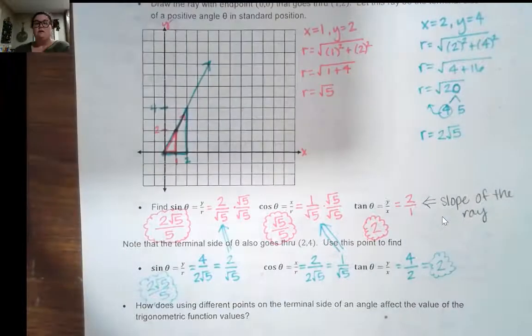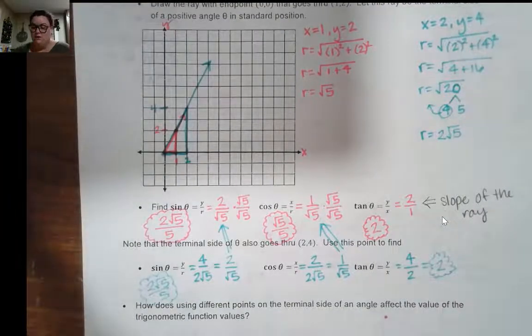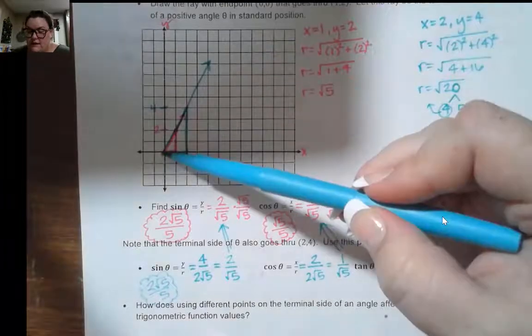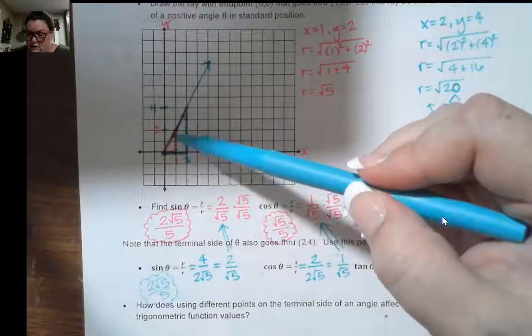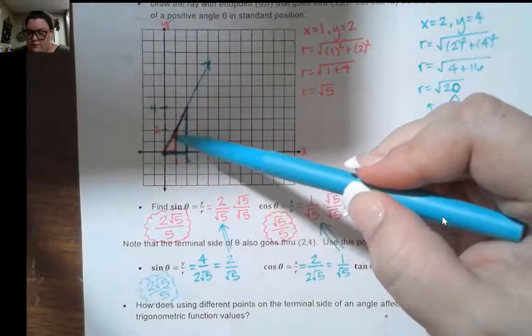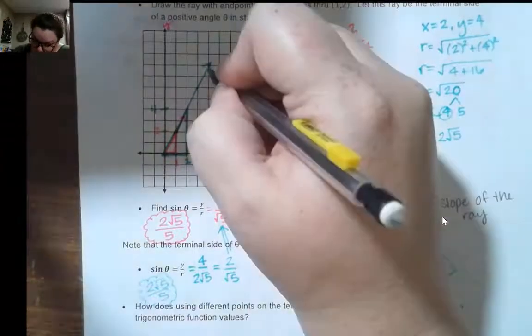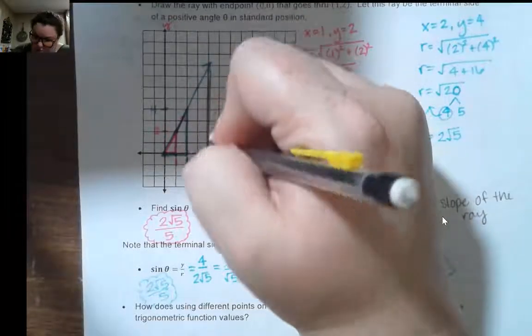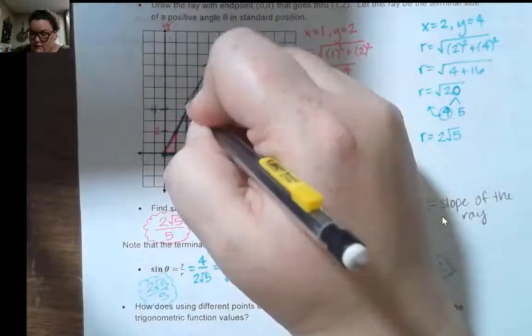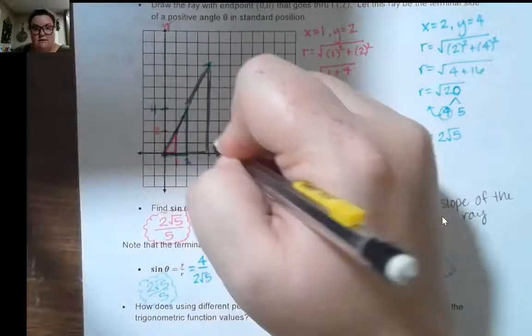So notice it doesn't matter which point I pick on this line. It doesn't matter if I use the smallest possible triangle or if I use a medium triangle, or heck, I could pick this point, and I could do another triangle using all of this, okay?